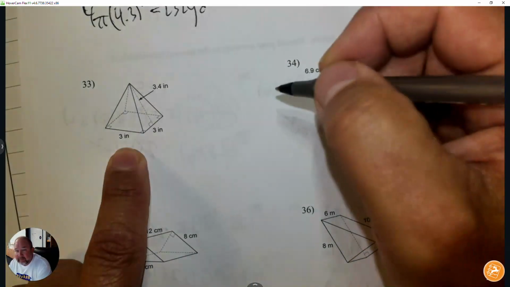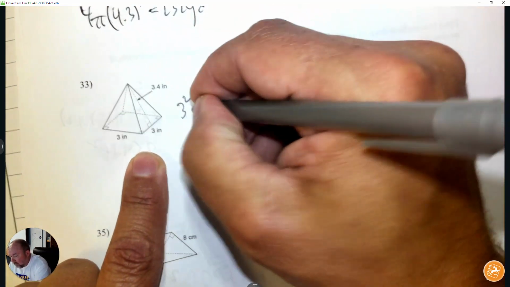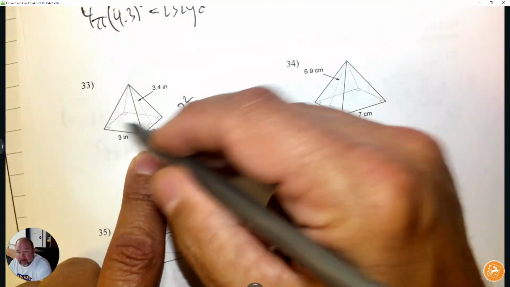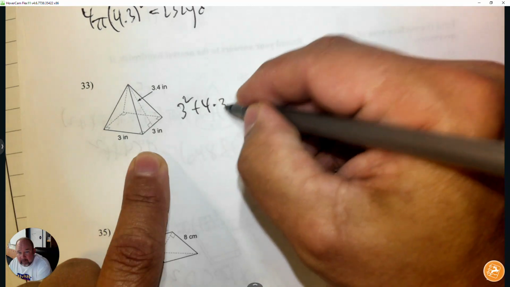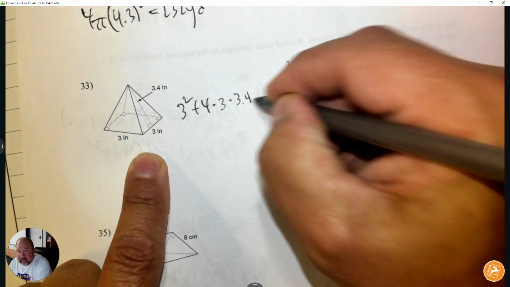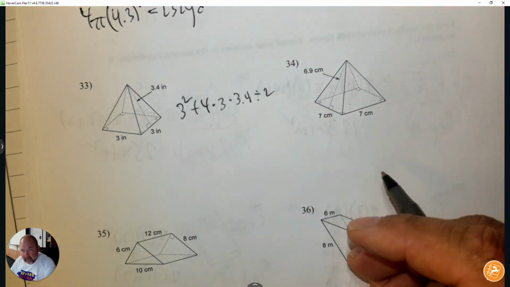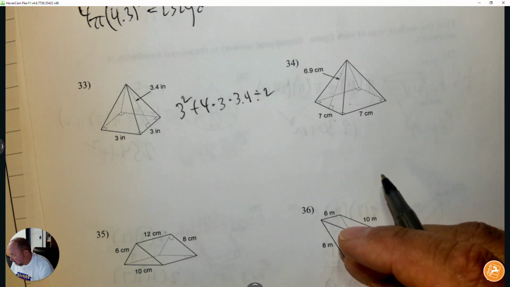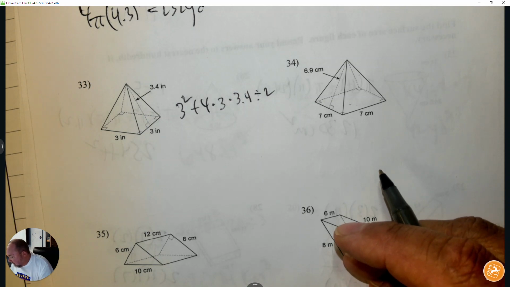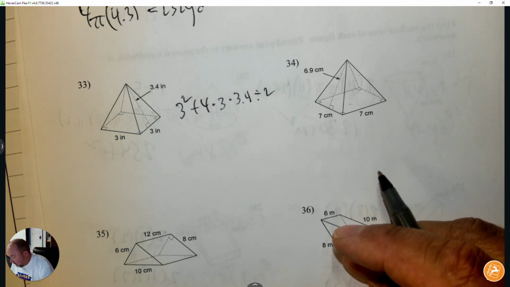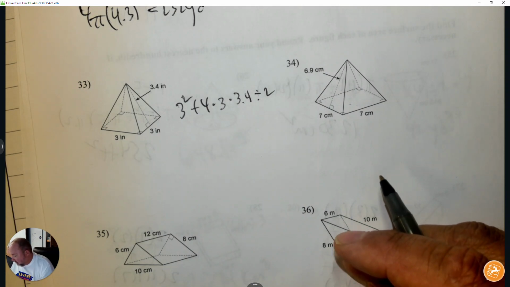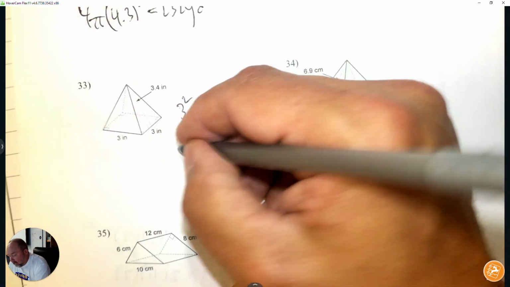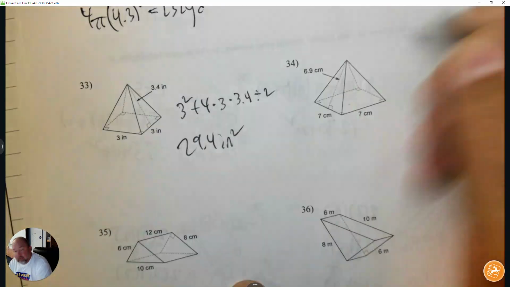So we have a square on the bottom, and then we have 4 triangles, and the base and the height divided by 2 make it that, and then we put that in our calculator. So it's 4 times 3 times 3.4 divided by 2. And I get 29.4 inches squared.